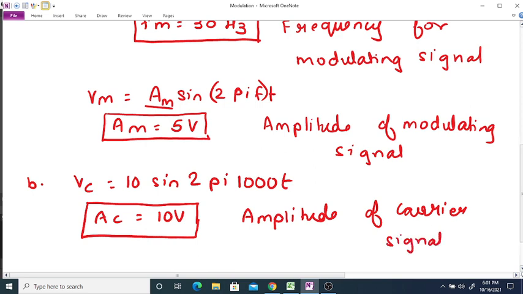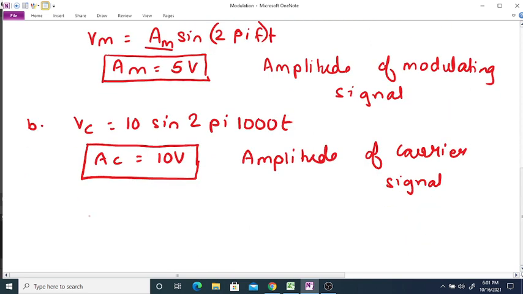Now, next we will determine the carrier frequency. So, here omega c is equal to 2 pi fc, which is equal to 2 pi 1000 over here.